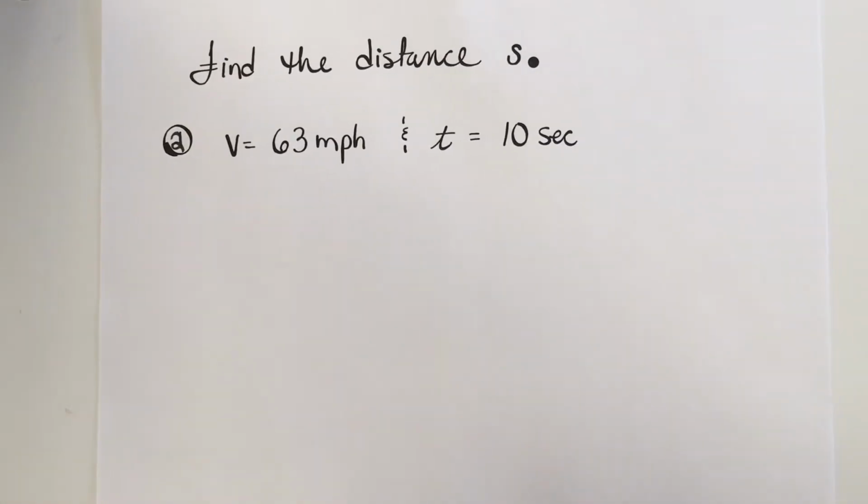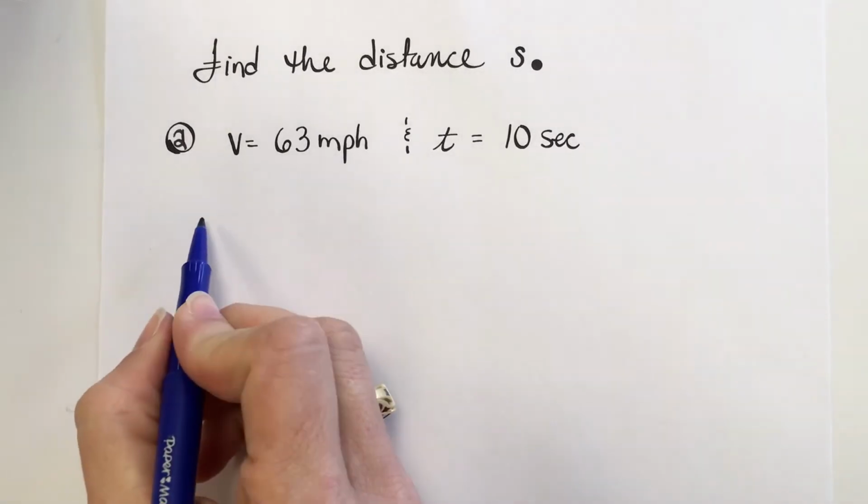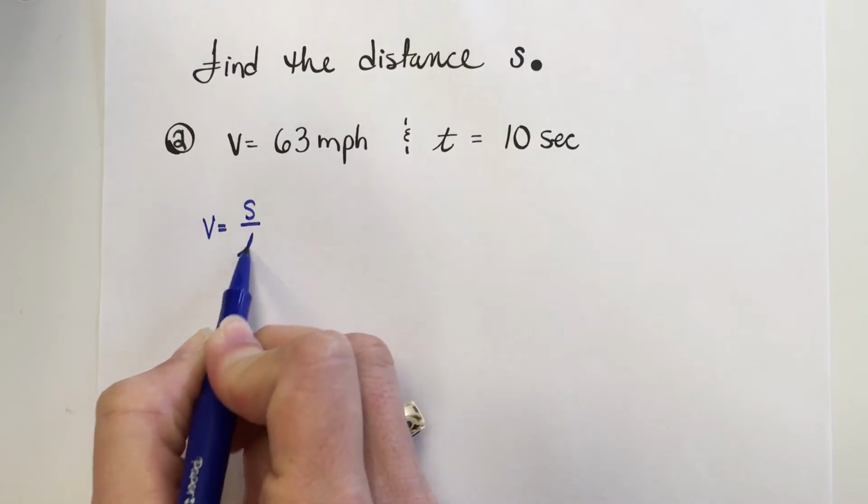Okay, next. This time you're asked to find s, and you're given v and t. So we're going to use the same formula that we used a minute ago, v is equal to s over t.